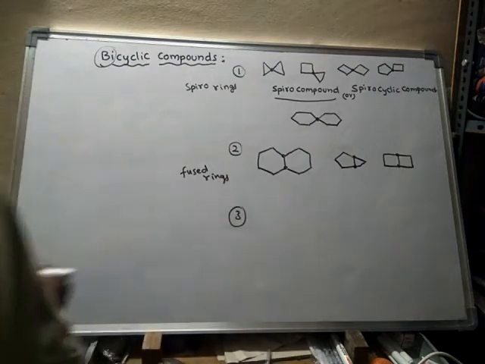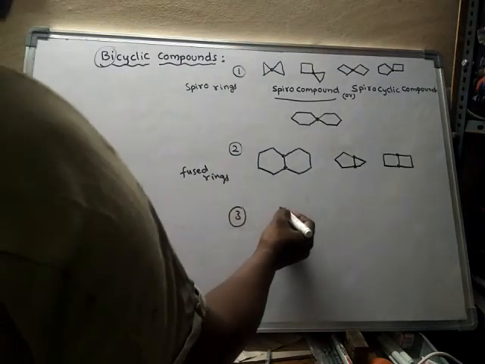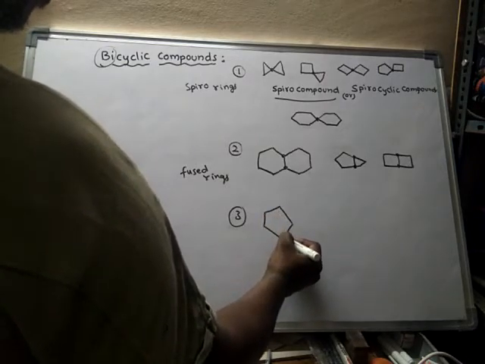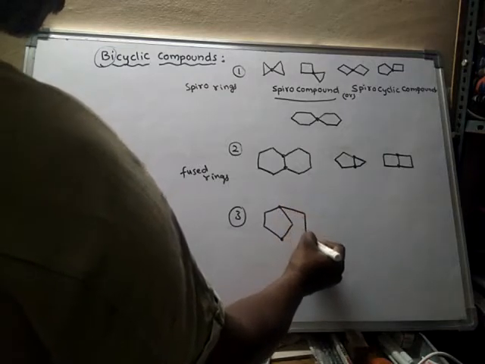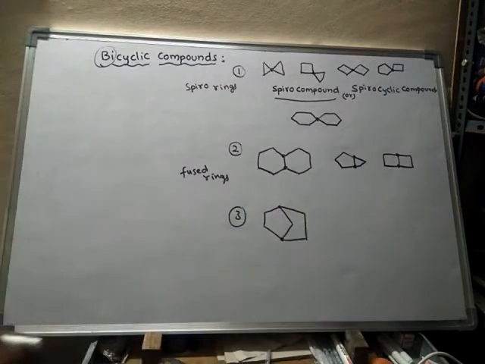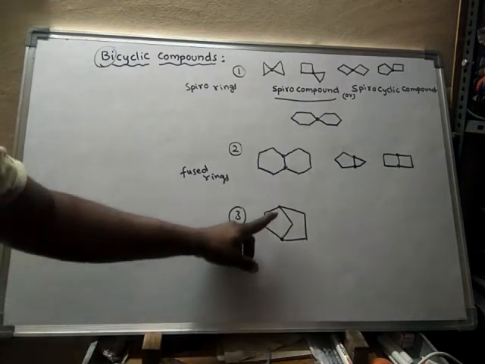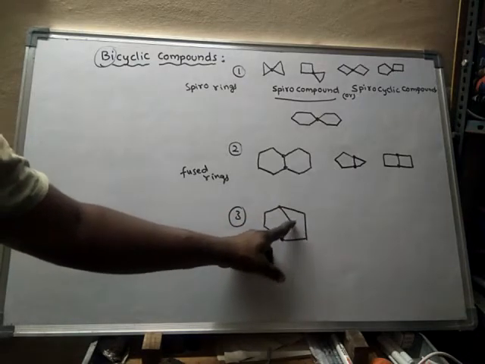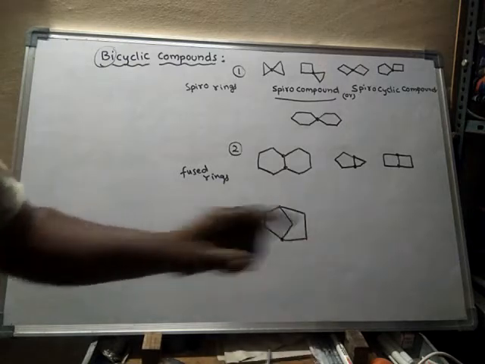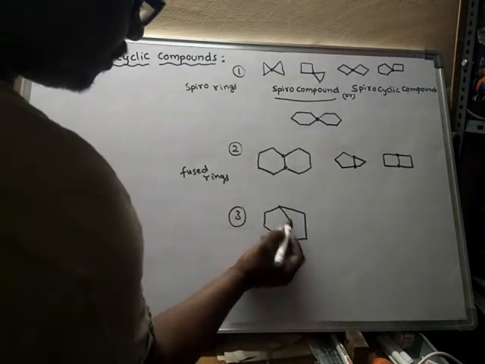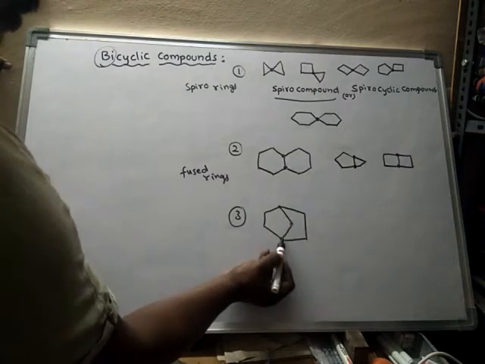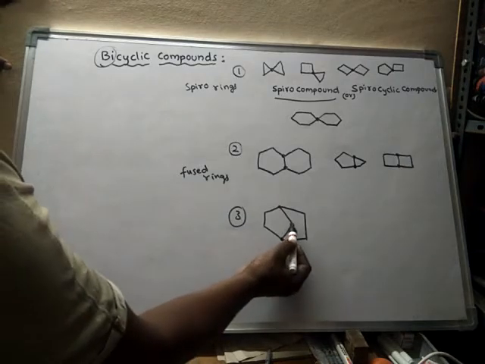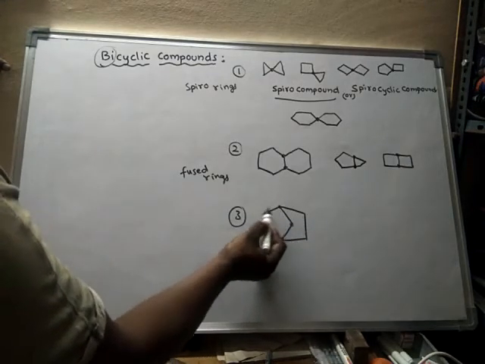Okay, there is a third type of rings also. See how many rings are there, how many cycles. So this is one ring, this is another ring. So here also two rings are there, but here these three carbons are shared by two rings, because this carbon is part of this ring as well as this ring also.